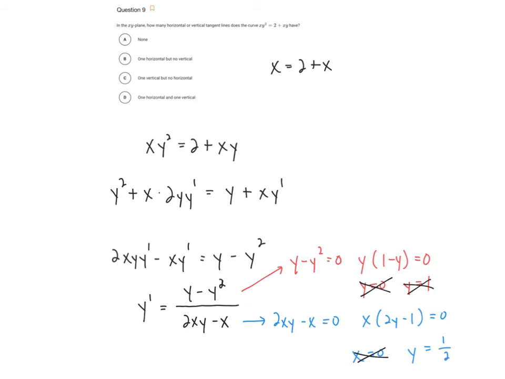Last thing, if y is a half, you get 1/4 x equals 2 plus 1/2 x, and there are values of x that we could solve that for. So y equals a half made a vertical tangent. So there's one vertical, but no horizontal.